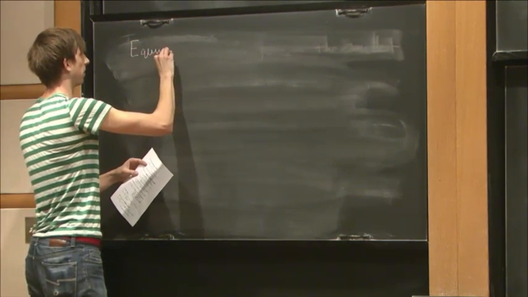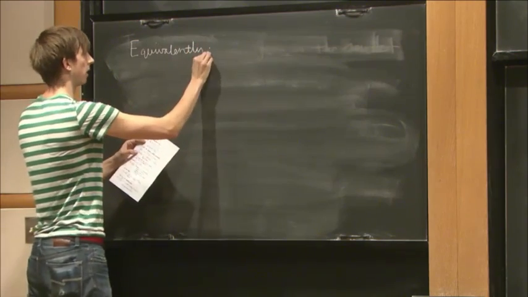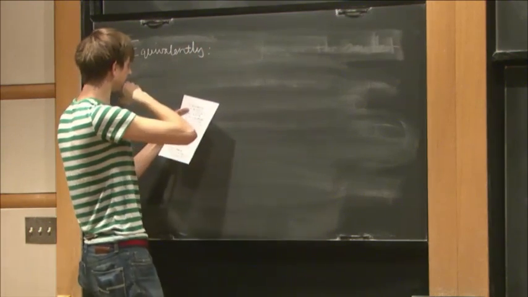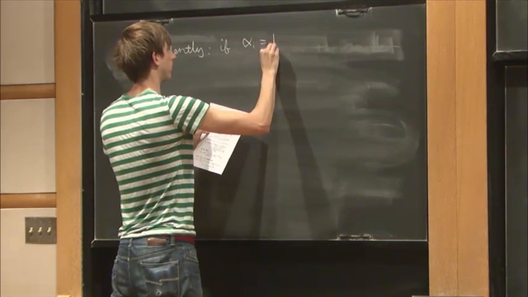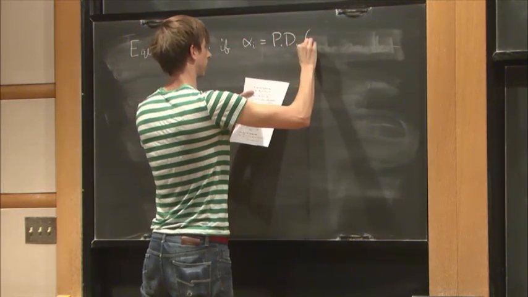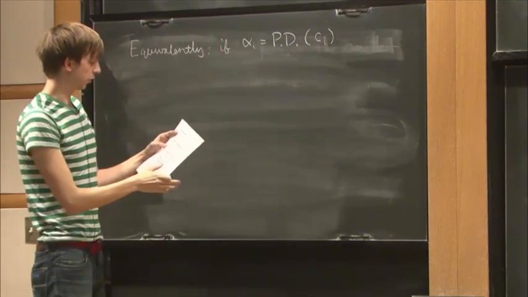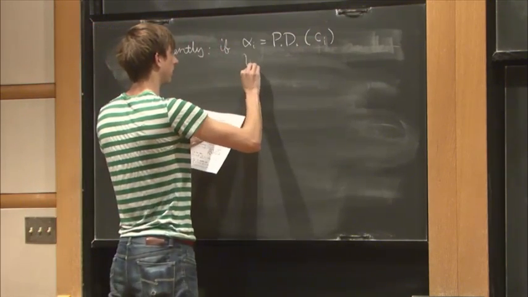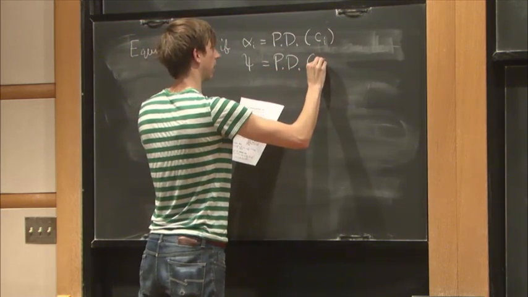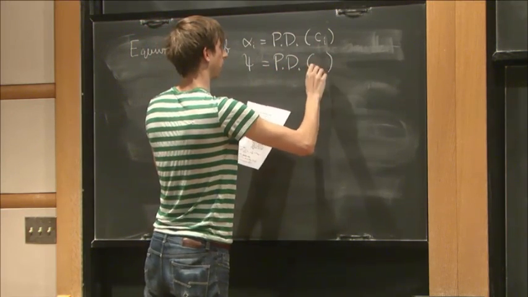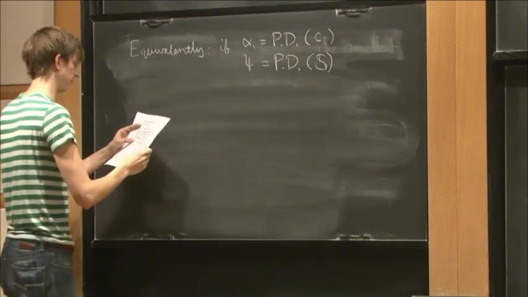So, morally equivalent: if our class is Poincare dual to some cycles, I should do a capital S to indicate it's not the same as the one from before.